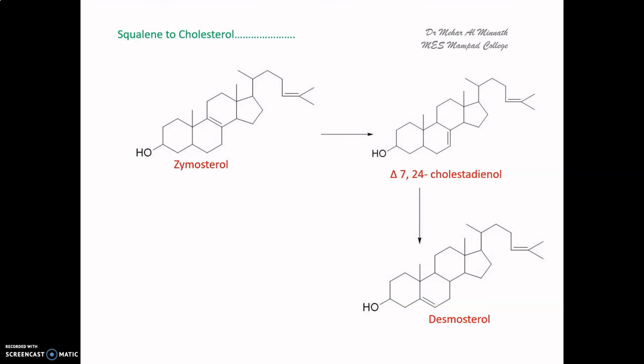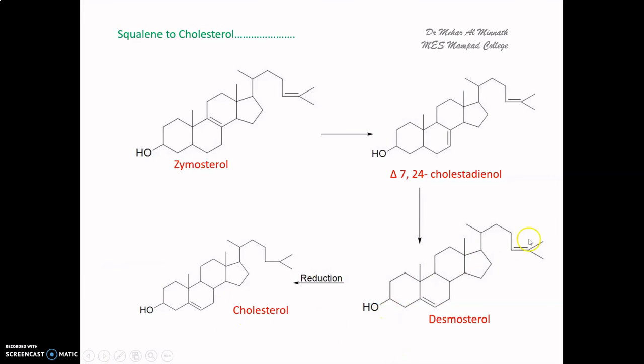The double bond migrates from C8-C7 to C5-C6, as in the case of cholesterol. Now from the desmosterol, it undergoes a reduction and forms the cholesterol.